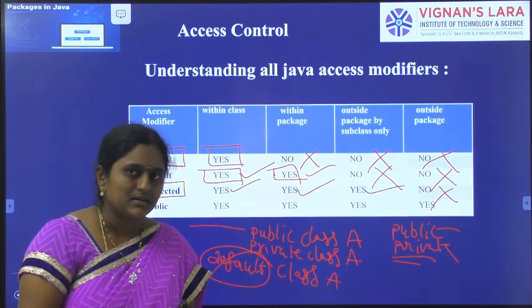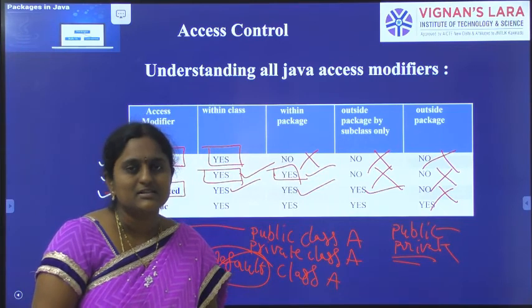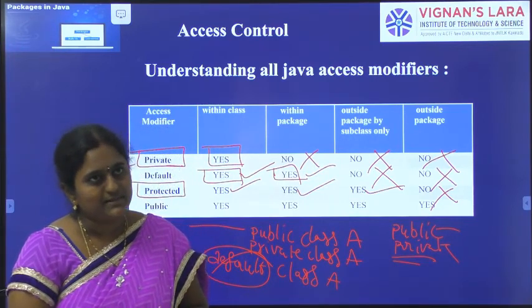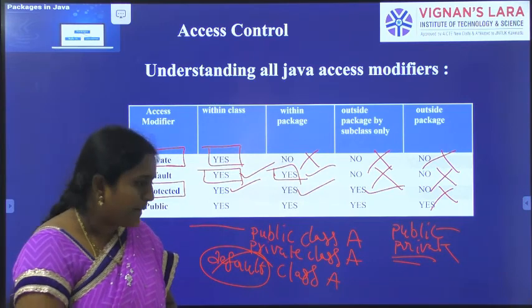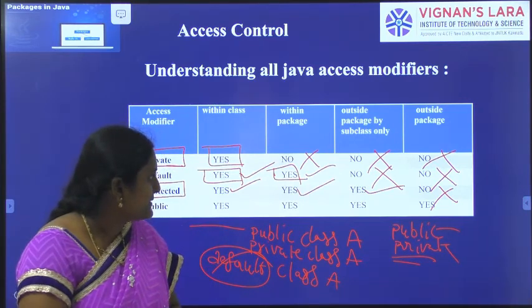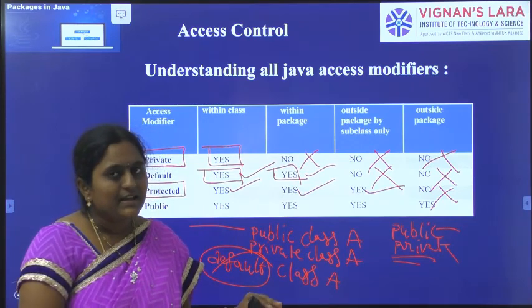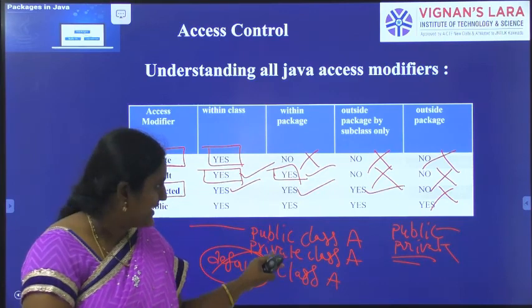Any class can be specified as public, any method can be specified as public, any constructor can be specified as public. Next, any class can be specified as a private access modifier, any variable can be defined as private, and any constructor can also be defined as private.